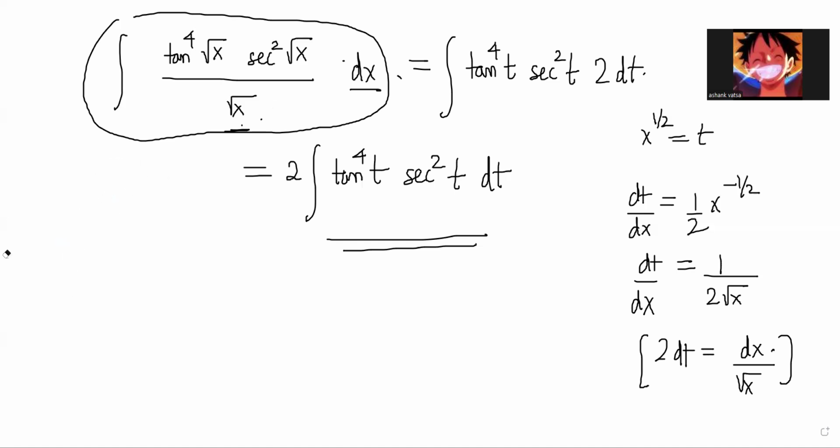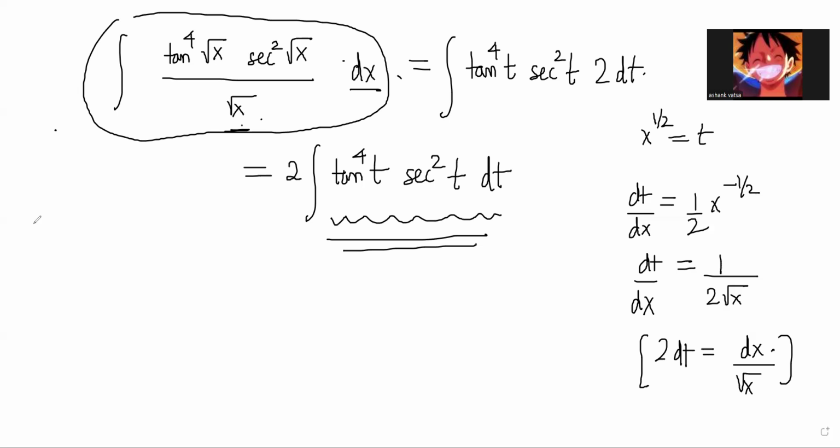But now there is still a problem because you see your table of integrals, there is no formula in your table for tan power 4 into sec square. All you know in your table are sine, cos, sec square.